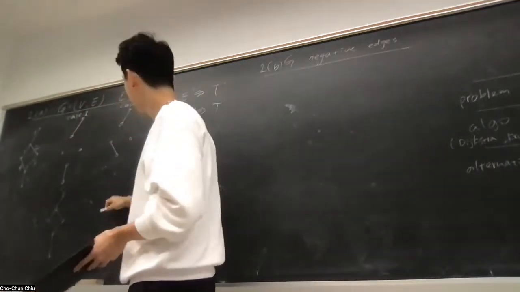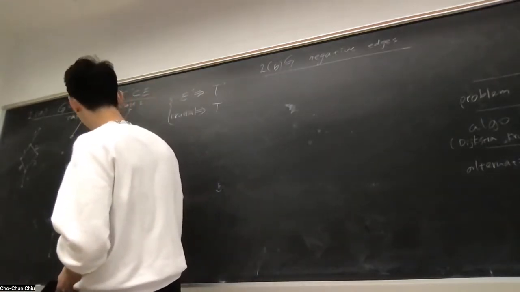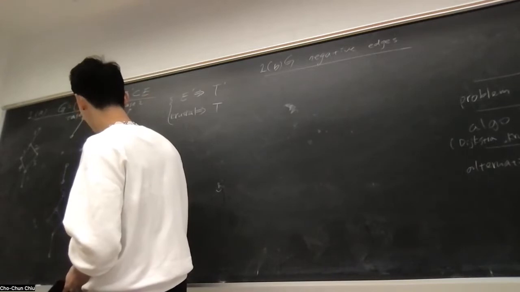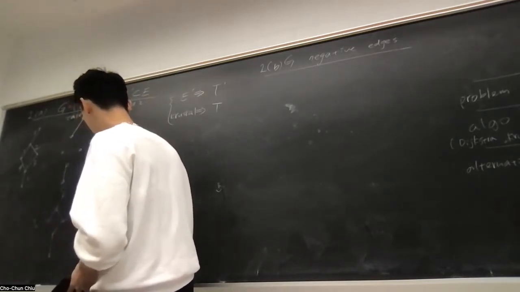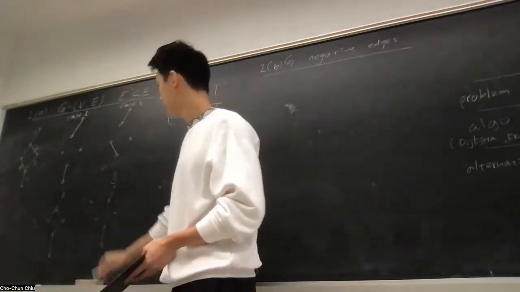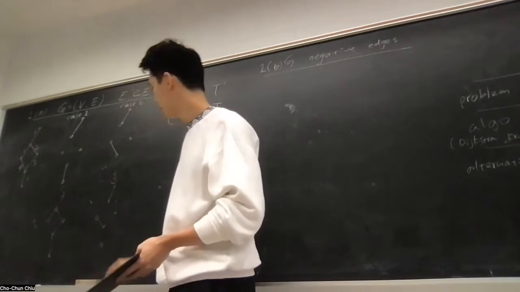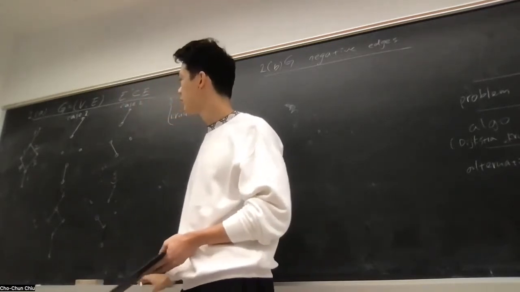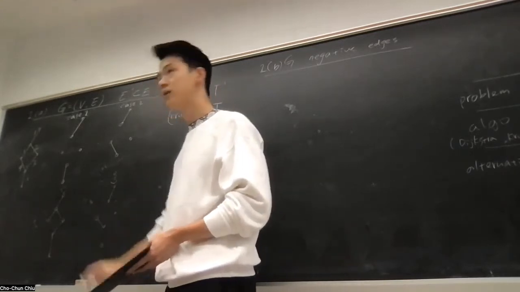How about case 2? Initially we still have this one, but instead we don't have this one, we have this one. So what's the smallest right now? Those two, right?